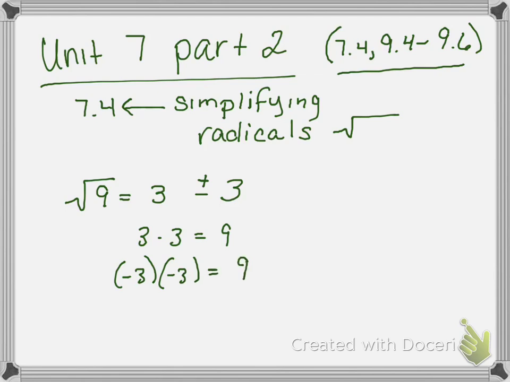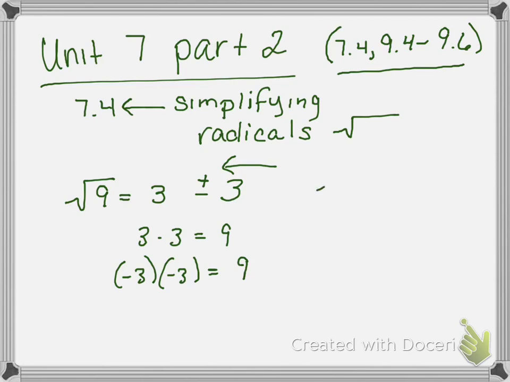So when we're simplifying radicals themselves, we're not going to look at the positive or the negative value, we're just going to take the positive. But when we start solving quadratic equations, that's when we include the positive and the negative value, because those are two solutions.